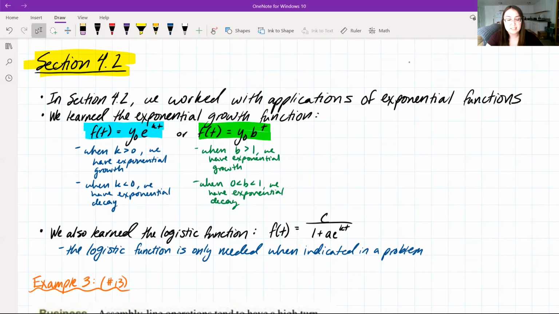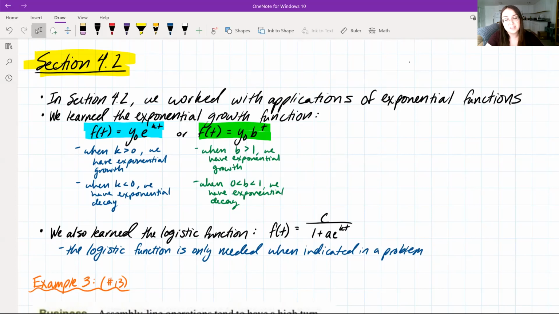But when k is less than 0, we have exponential decay. So when k is negative, we end up having exponential decay. Even though we call this the exponential growth function, by saying when certain values are equal to certain numbers, we can say when it will be decaying and when it will be growing. So even though it's called the exponential growth function, that doesn't mean that it can't be a decaying function.